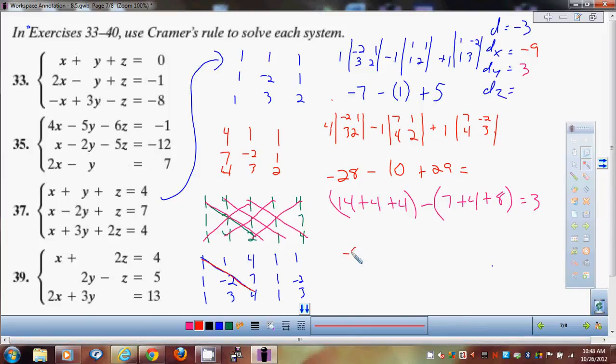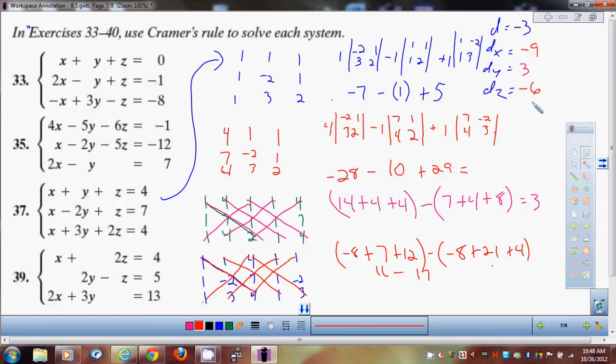Negative 8 plus, what am I doing? 7 plus 12, negative 8 plus 21 plus 4. So that's 19 plus 8 is 11 minus 25 minus 8 is 17, so that's negative 6. We're almost there.